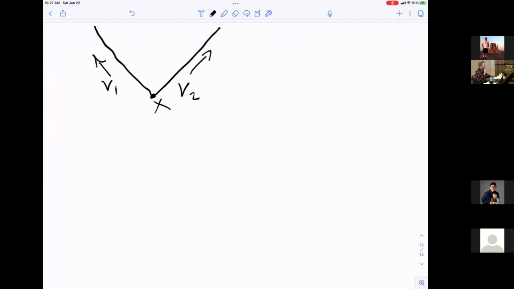So now I've taught you the degrees of freedom. I've taught you how to build invariants, but we can't do anything useful yet because we don't have a power counting.